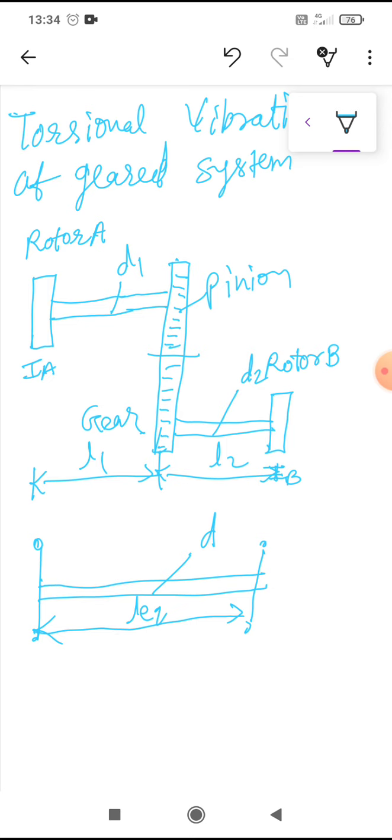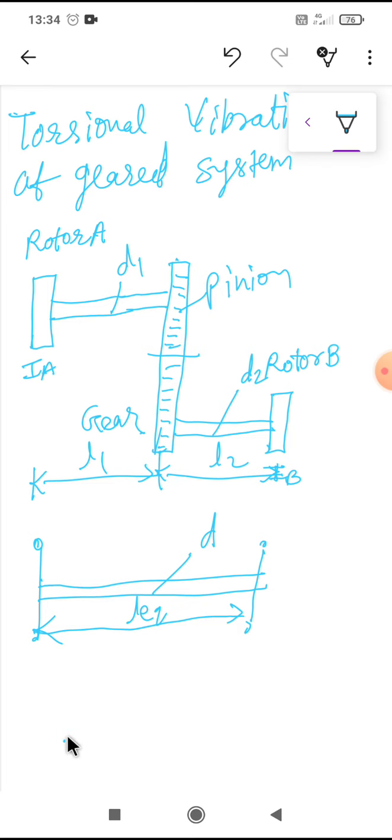What will be this length and what will be the diameter? Whenever there is a two rotor system, we know there will be a node when there is vibration in the system. When there is a phase difference, there will be a node in the system.